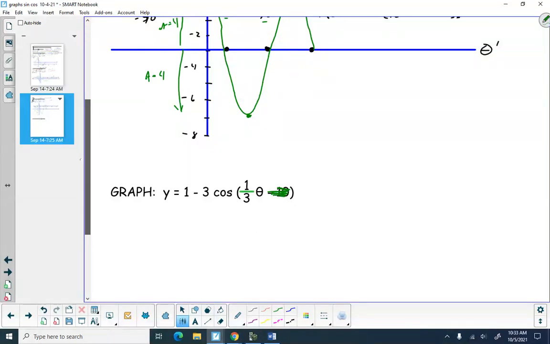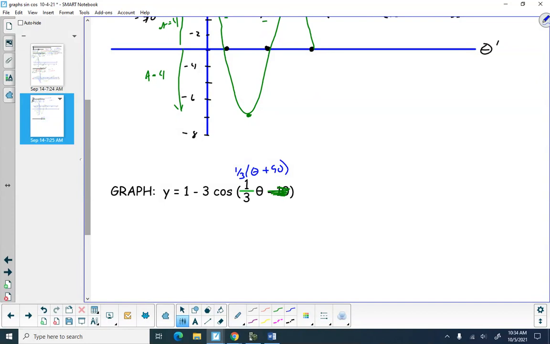I'm going to change this problem. Y equals 1 minus 3 cosine of 1/3 theta plus 90.